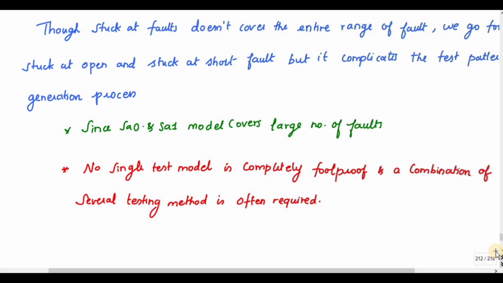So it is better that we go for the stuck-at 1 and stuck-at 0 faults because they cover a large number of faults. You have to understand that no single test model is completely foolproof, and therefore a combination of several testing methods is often required.